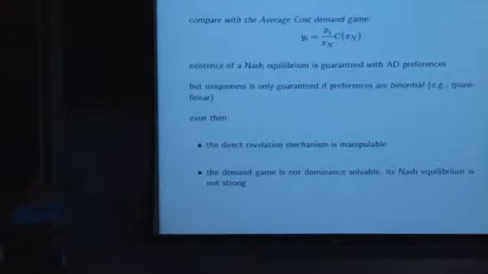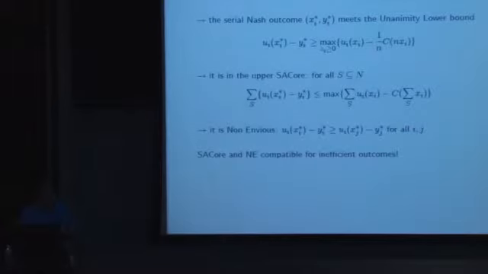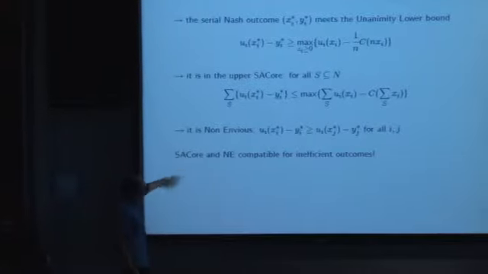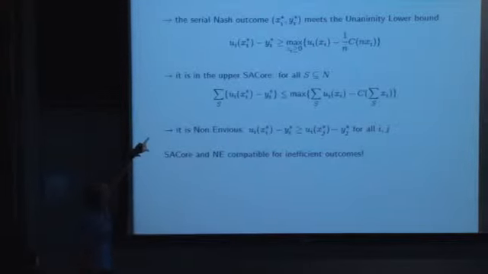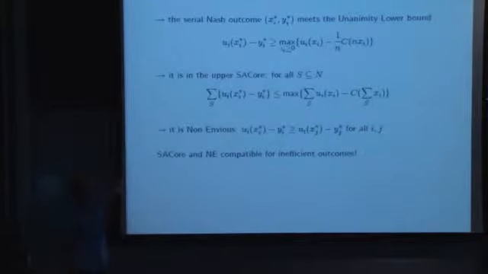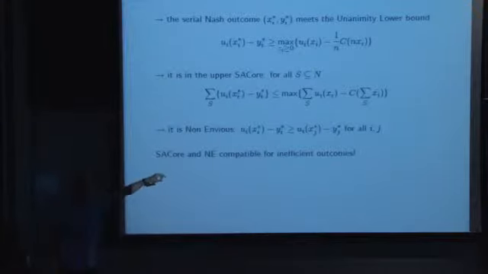So there are further things here. I want to go very fast, but just to tie up a little bit with the discussion of yesterday: one thing you can show in the equilibrium of the serial mechanism is the no-envy property, which is false for the average cost mechanism.